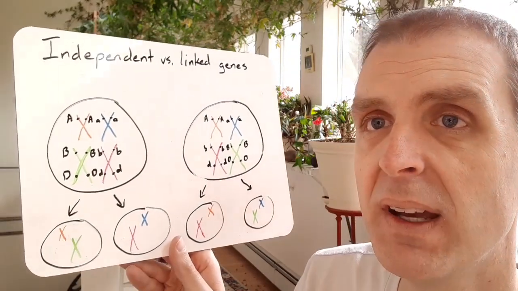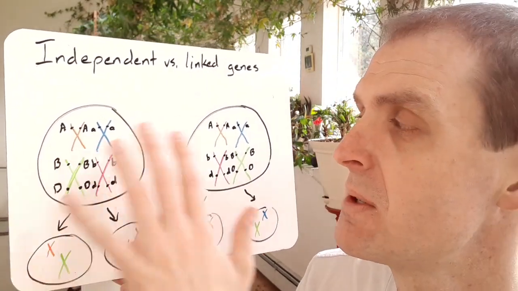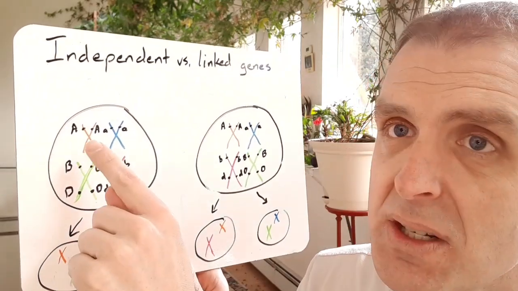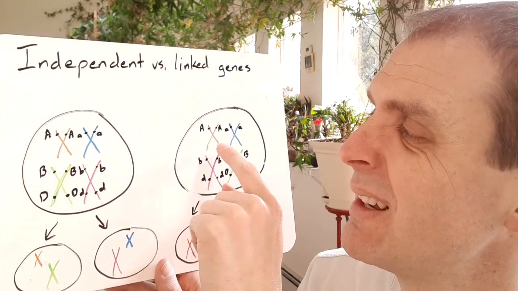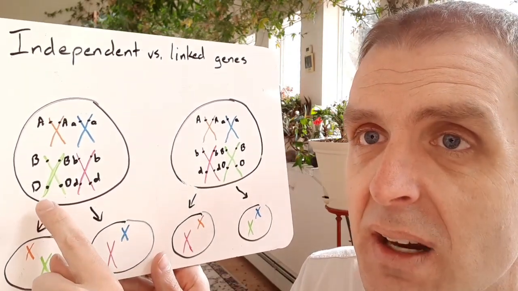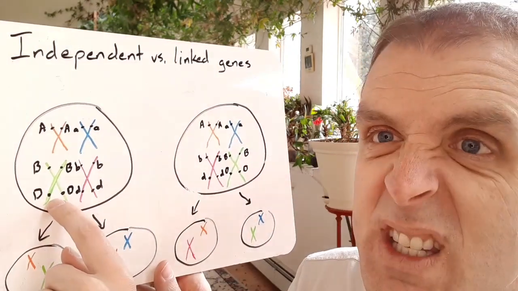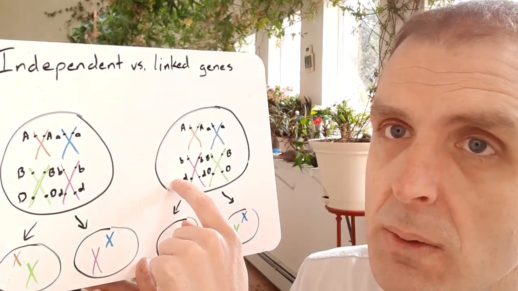But bringing in the other picture, we've got the same sorts of chromosomes as in this cell. It's just that in this cell we've got orange on the left and blue on the right. In this cell, orange was on the left and blue was on the right. And then the second chromosome in this cell, we've got green on the left and pink on the right. And here we flipped it around.